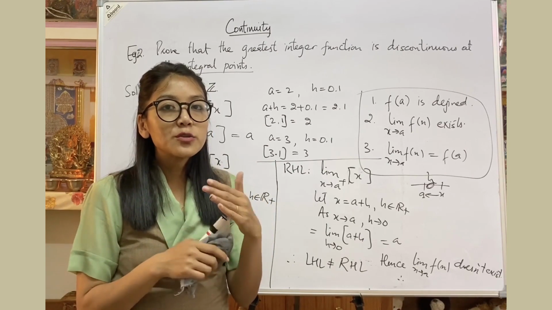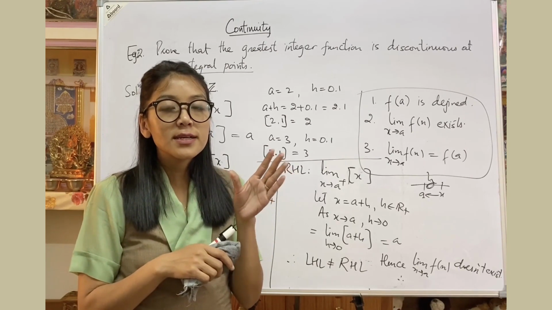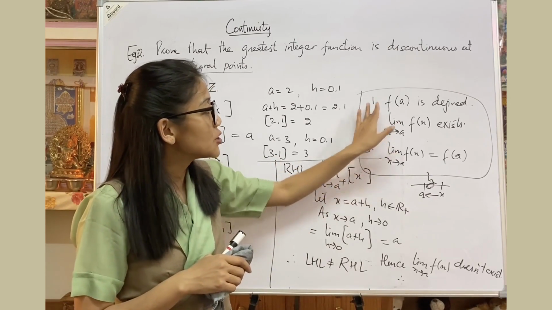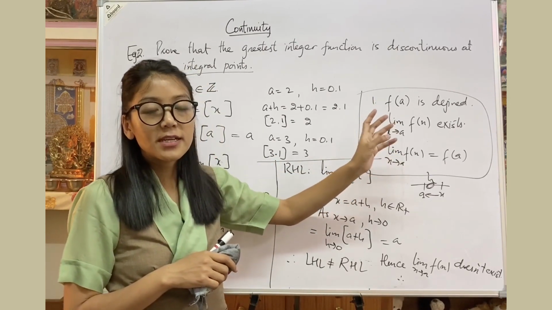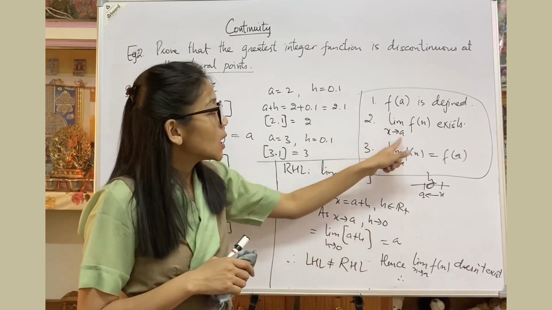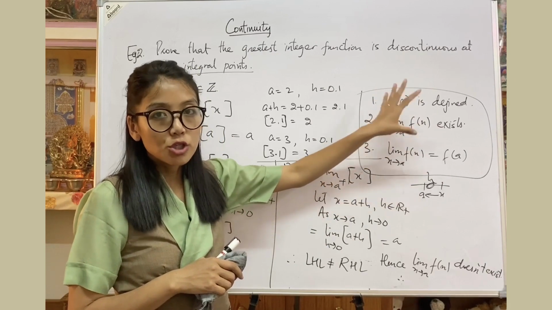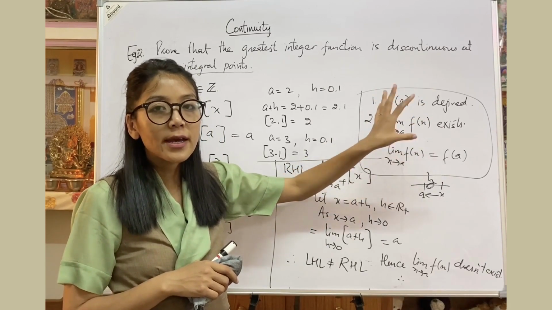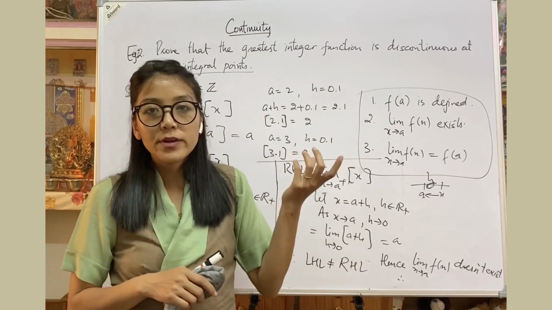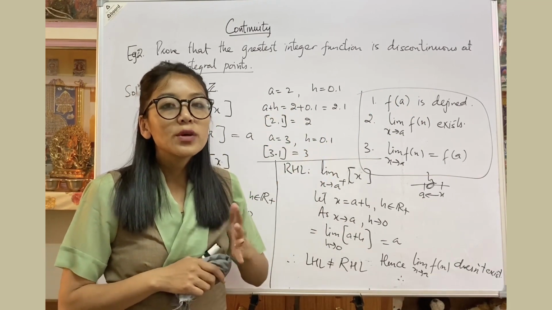Go with that and try to understand how we check the existence of a limit. If you are clear with this part, then the other two are quite simple. Checking the existence of the limit is the most difficult part in this topic, and if you are clear with that concept, then continuity is very simple.